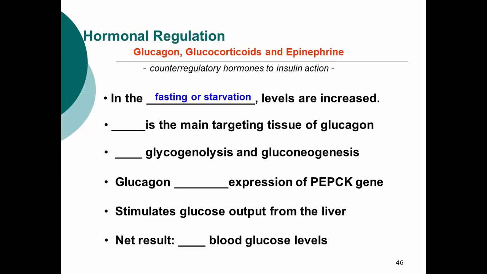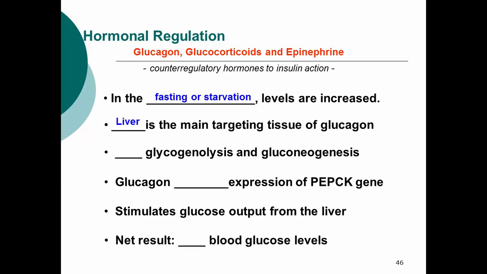We have five different pathways. Thinking about which glucose metabolic pathway, when active, can increase the blood glucose level. We just talked about one, right? Gluconeogenesis. Yes, liver. So the liver is the main target tissue of glucagon.